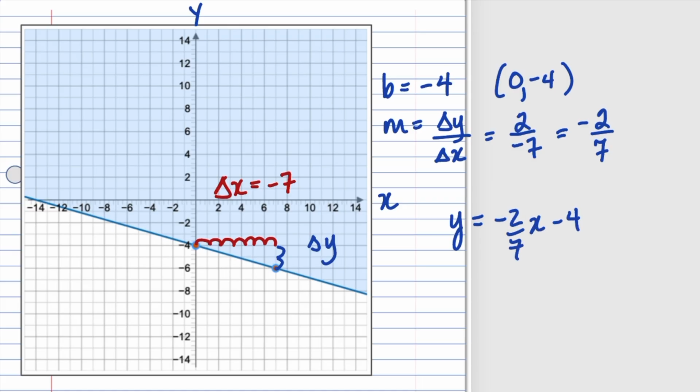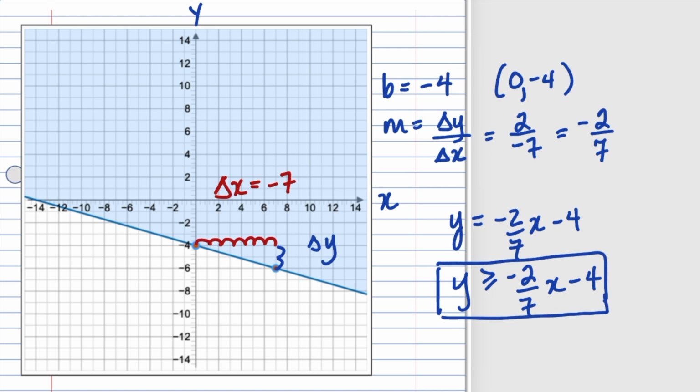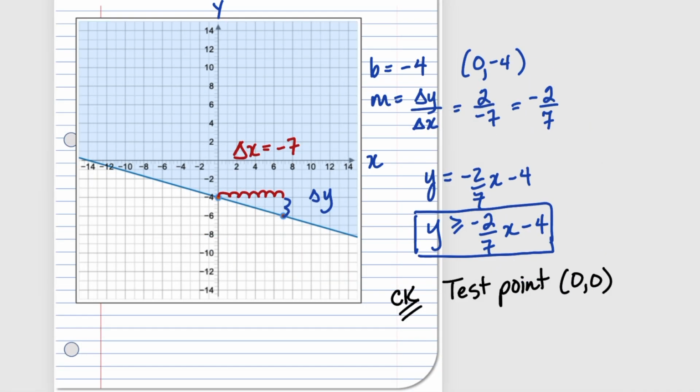And we've shaded above, so we'll use the greater than or equal to sign. y is greater than or equal to negative 2 over 7 x minus 4, and we'll check a test point. We'll use 0, 0, which is in the solution region, and the original equation, plugging in the 0.